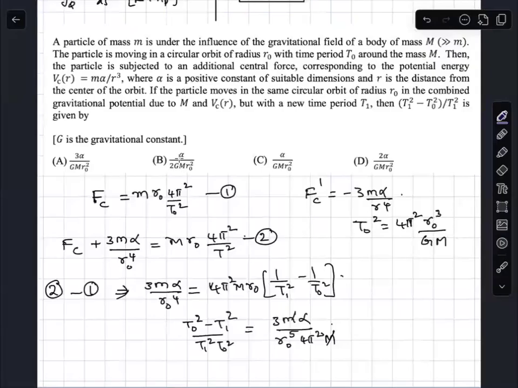The particle is moving in a circular orbit of radius r0 with time period T0 around the mass capital M. See, the rotating one is small m, the stationary one is capital M. Now, at this point, that is the first part of the question. For the first part, I know the time period: T0 square is equal to 4 pi square r0 cube by GM. I know this. Right.